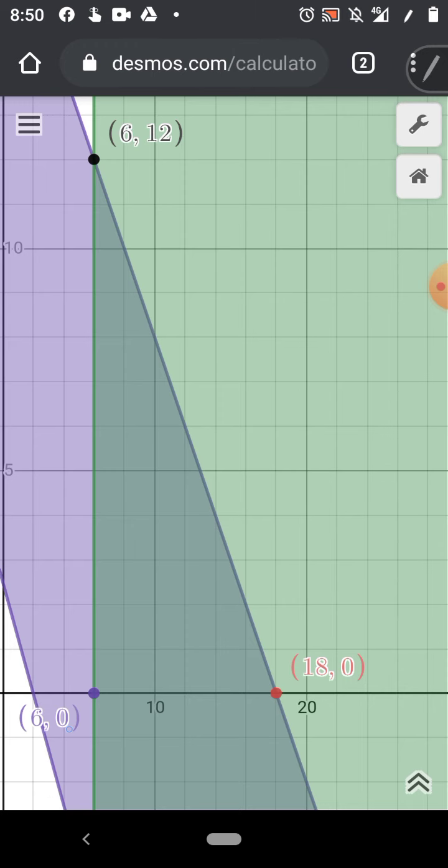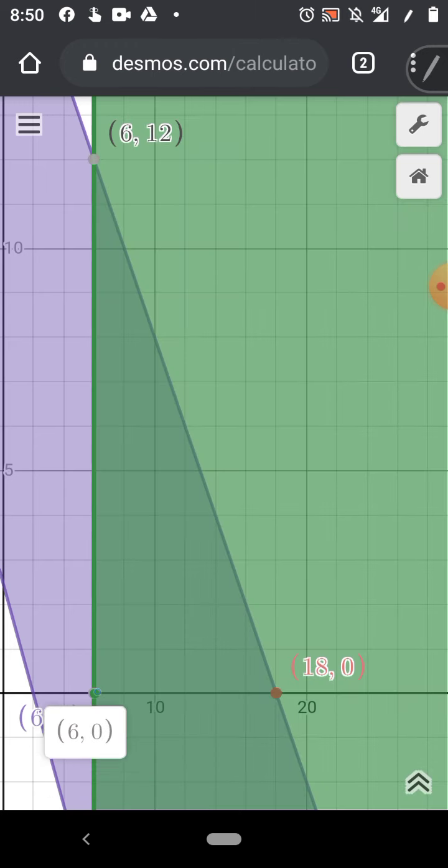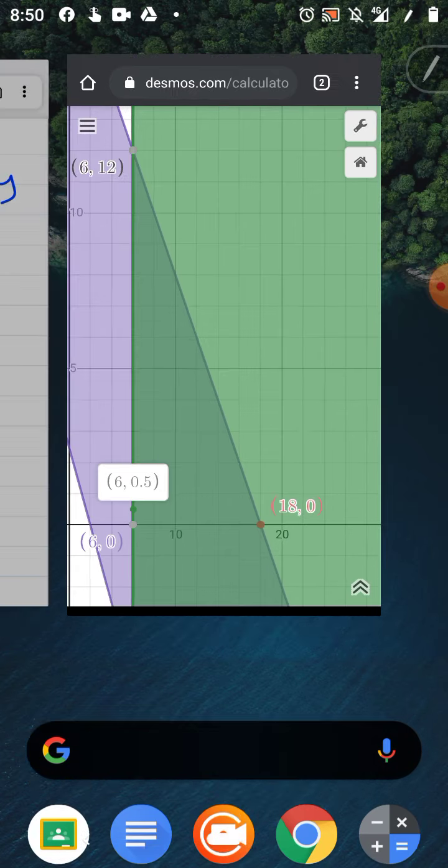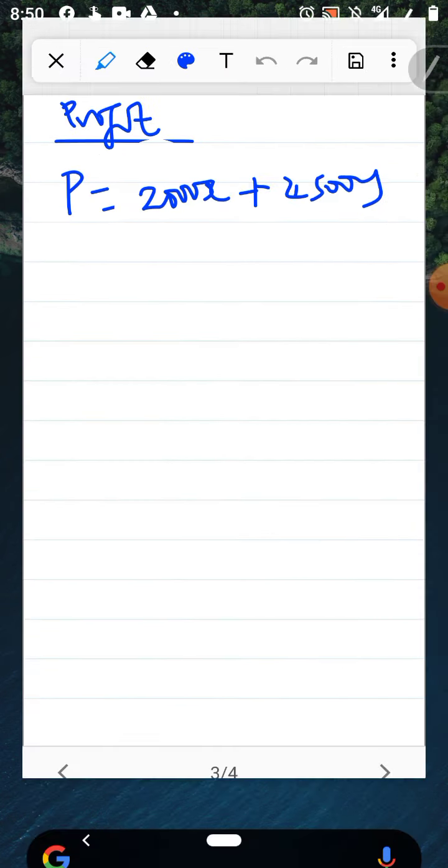So those points are this one right here, 6,0, and this one right here, 18,0, I think. Yeah, so that's the one. This one, 18,0, and then that one up there, 6,12. So I'll substitute those values of x and y into this profit equation.